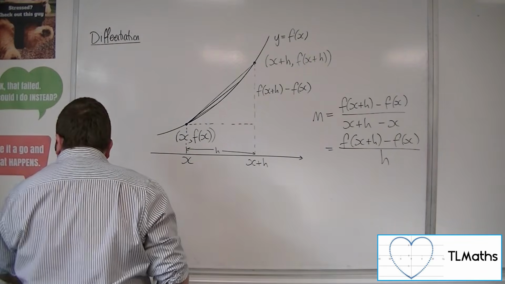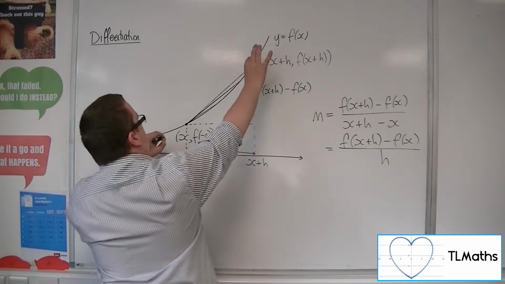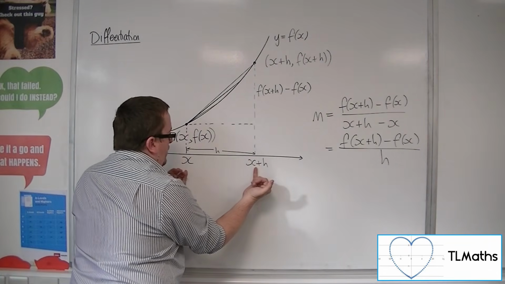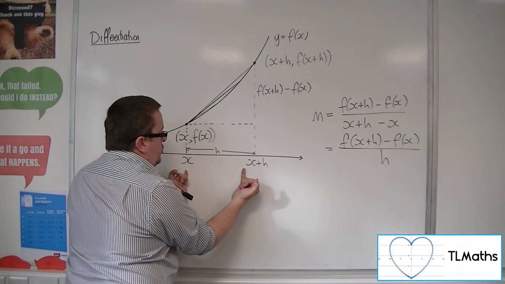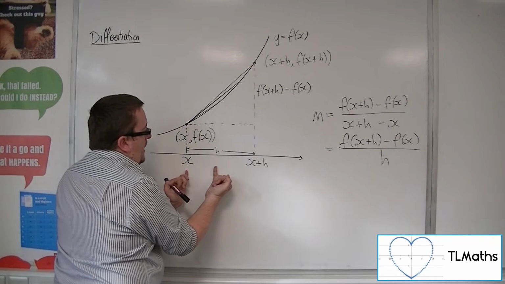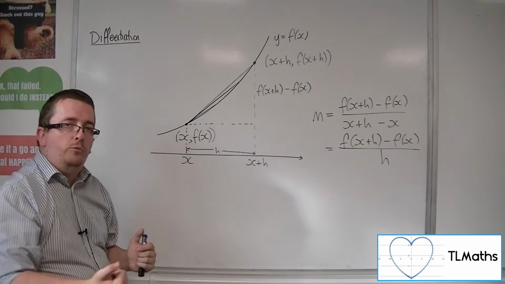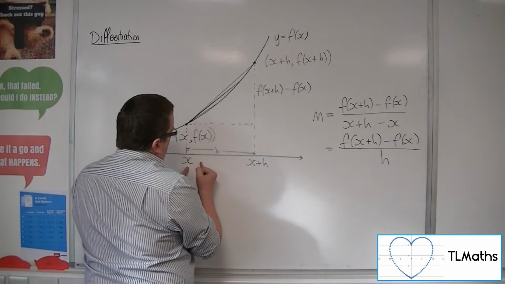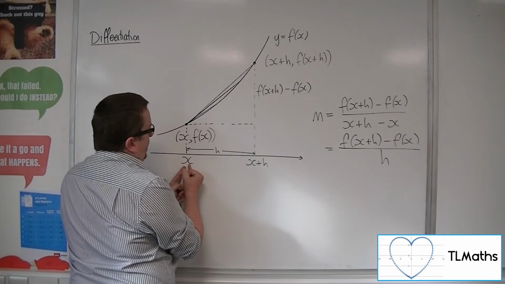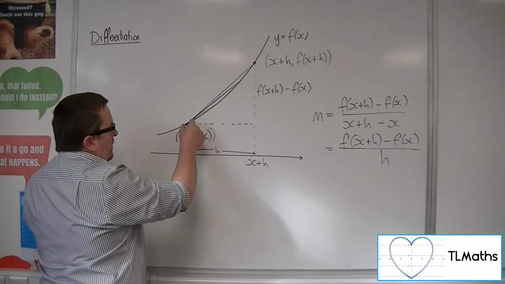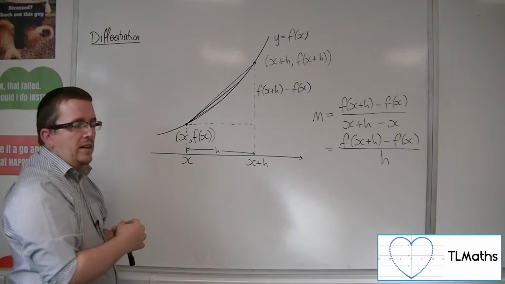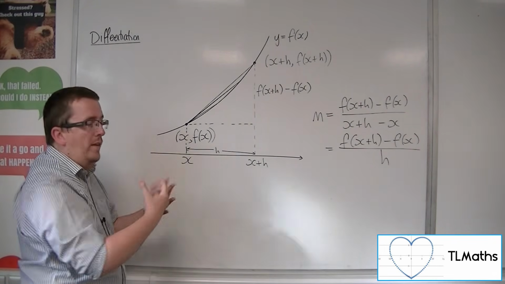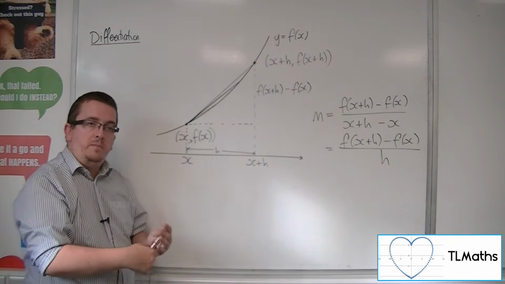So what happens is that as I drag that point along, the gap between x and x plus h shortens, and h gets smaller and smaller and smaller. So what would happen if h tended towards 0? What would happen is that my gradient would get as close to the one that I want as is reasonably possible.